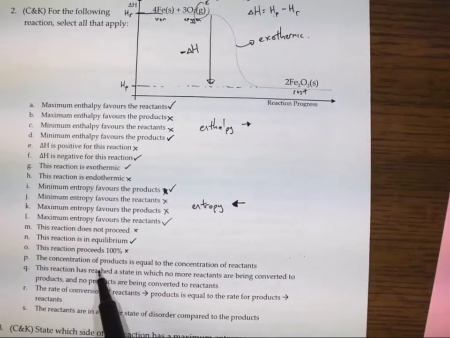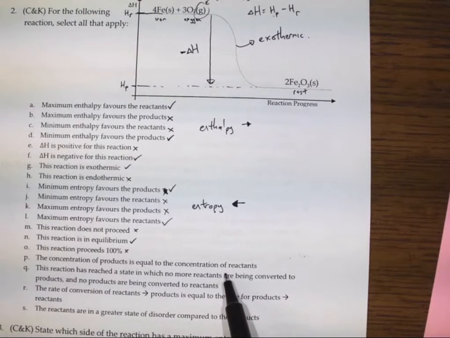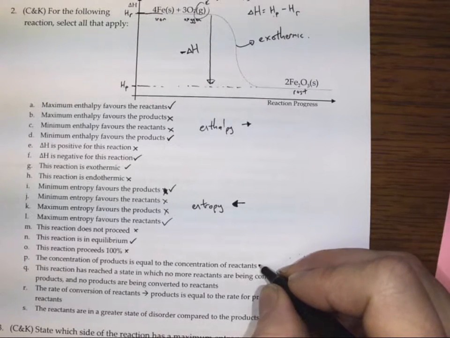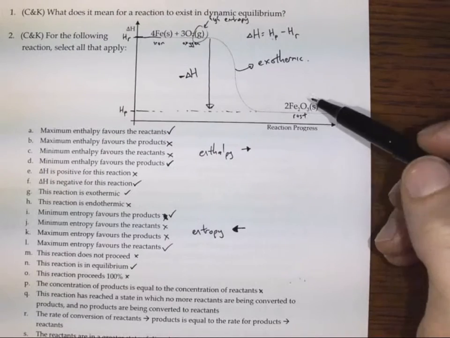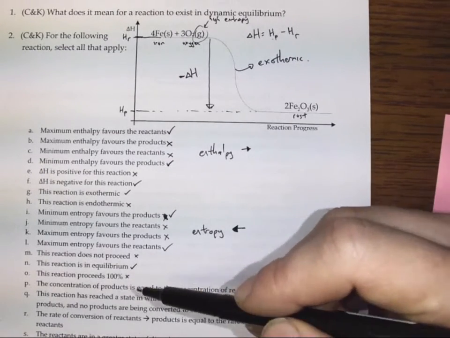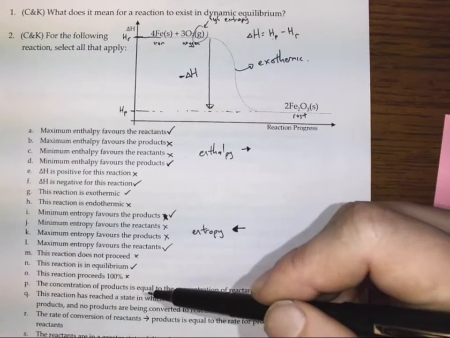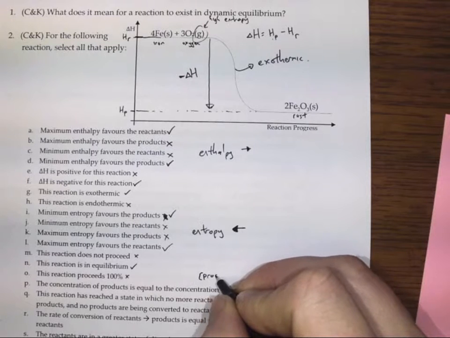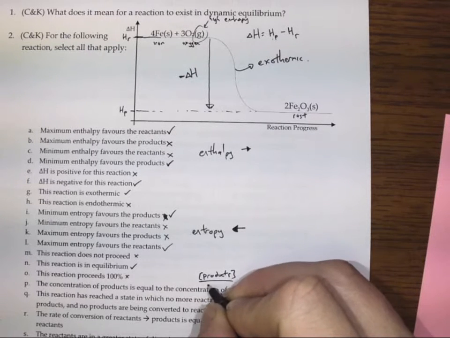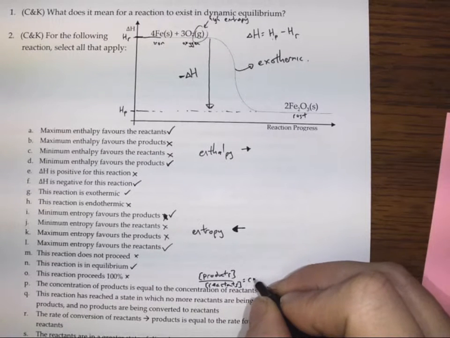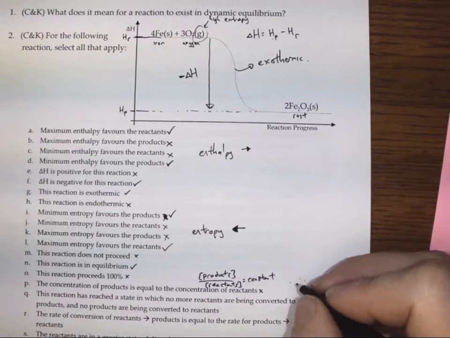Then we say, okay, is the concentration of products necessarily equal to the concentration of the reactants? This is not true, necessarily. What is true is that if it's in equilibrium, the ratio of the concentration of products over the reactants is constant, but they're not equal to each other.